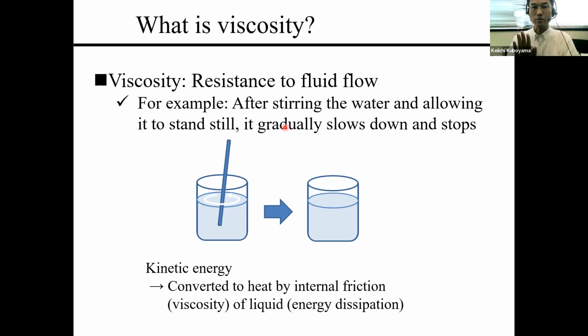But when you stop your hand, you don't feel the stress, and the shape of the water doesn't return to the original shape. So such kind of phenomenon shows the viscosity. And kinetic energy used in this process is converted to heat by internal friction with the water.